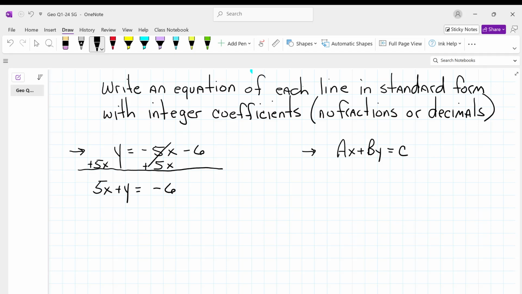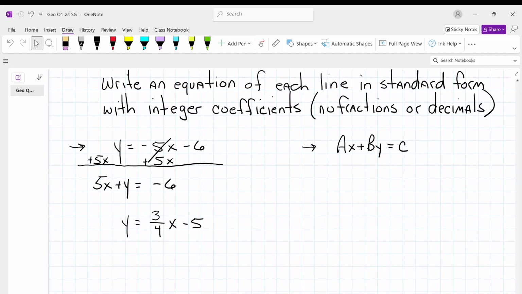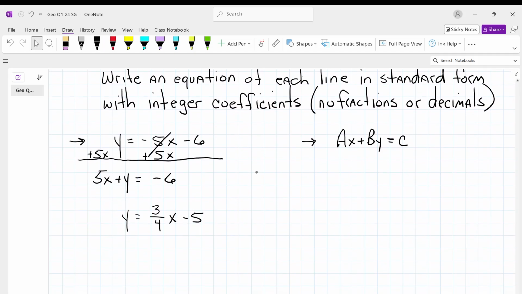Alrighty. So then let's take something like y is equal to 3/4 x minus 5. Now, when you get a problem like this and you need integer coefficients, it means your a, your b, and your c are not fractions or decimals.